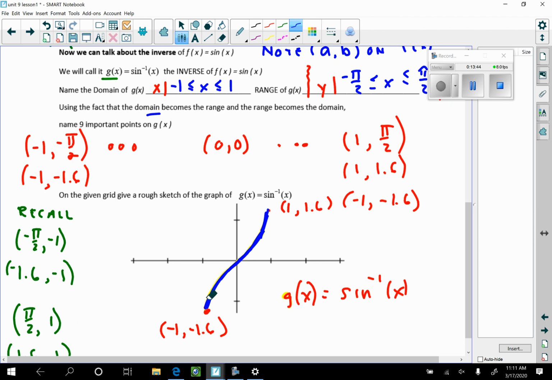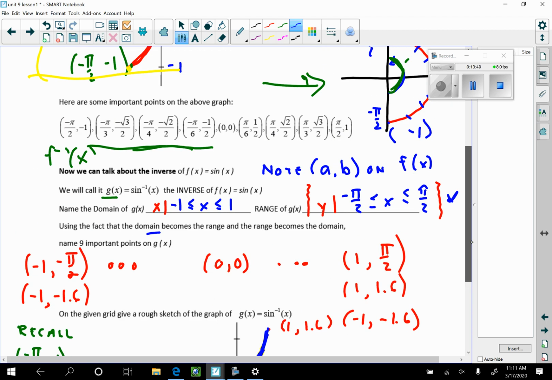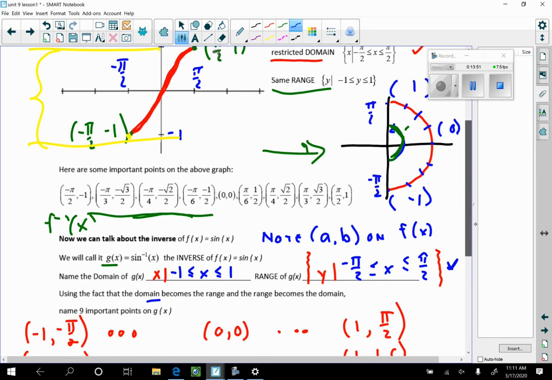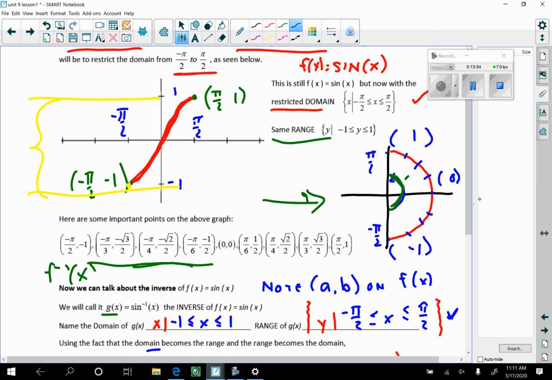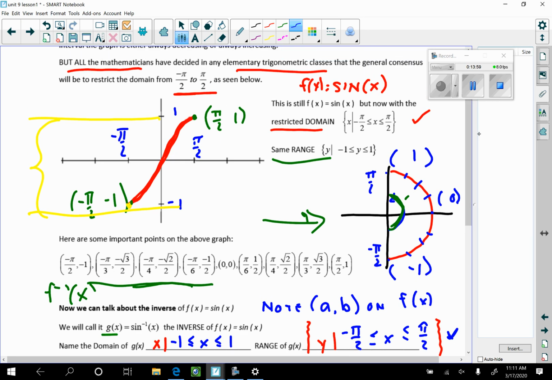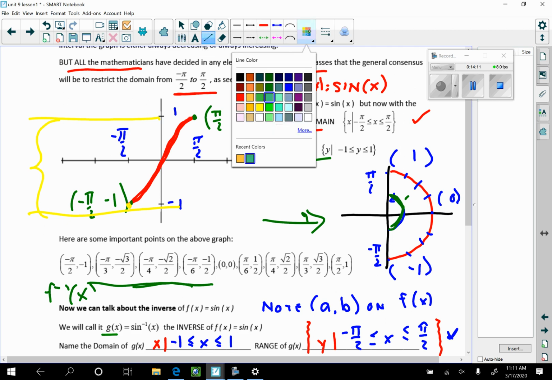And recall, the following discussion is for those of you that are going to be taking Calculus 2 next year, because keep in mind, the graph of the inverse is the reflection of the original about the line y equals x. So if I come over here and sketch the line, let's sketch it in this crazy orange color.